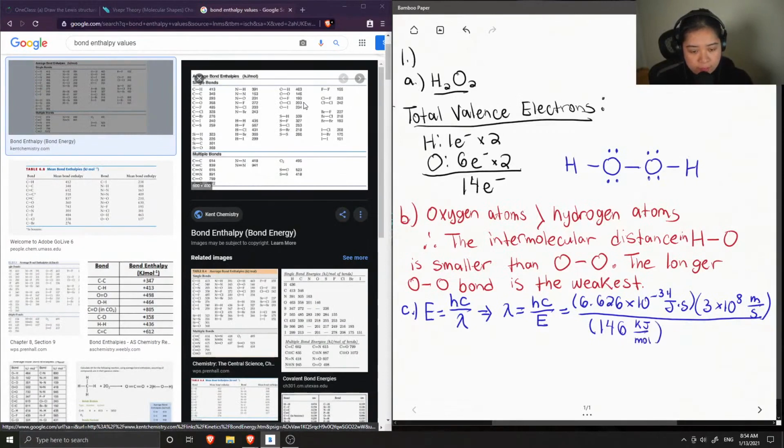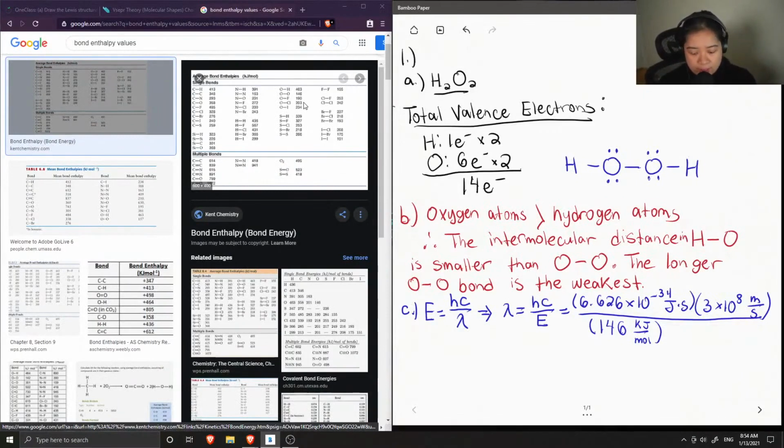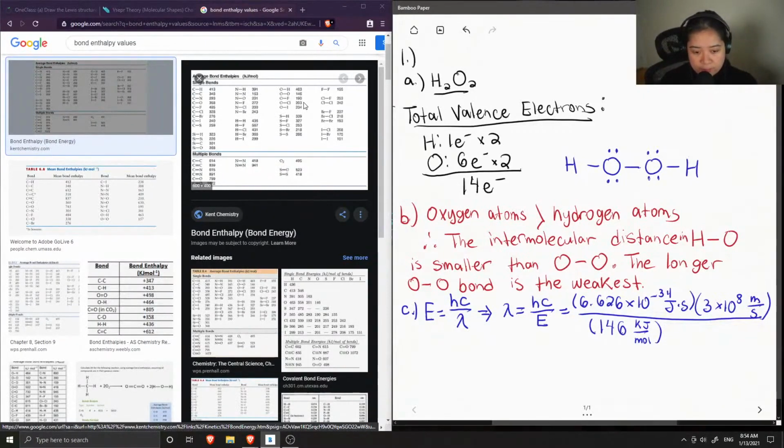And before I do any calculations, I want to make sure that all my units cancel out. So instead of kilojoules per mole, I'm going to convert this to joules just by multiplying it by 1,000.